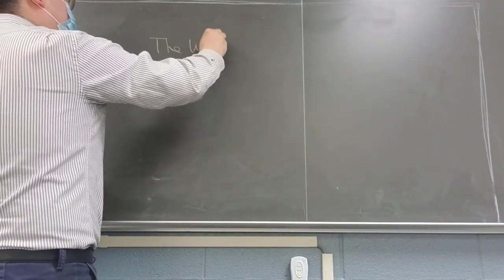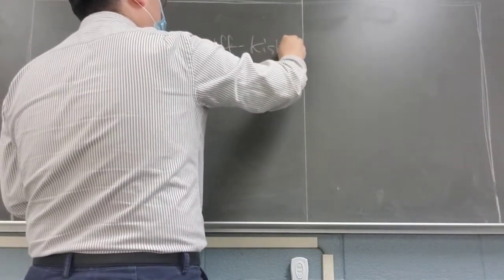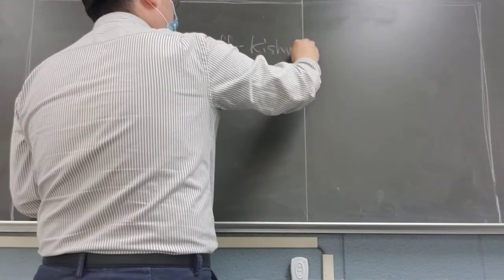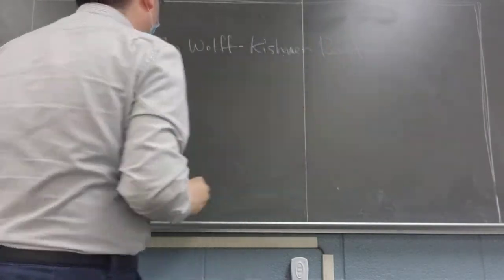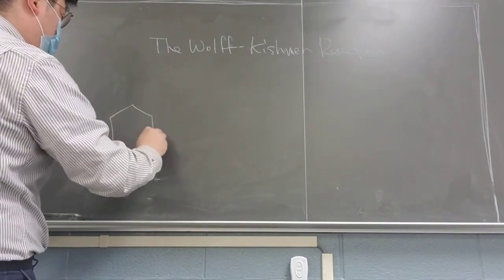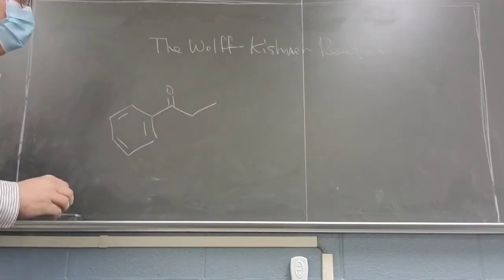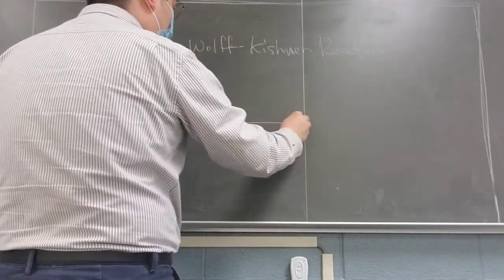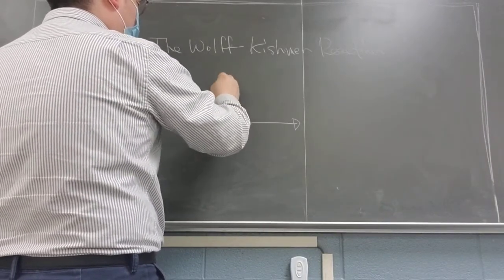We call this the Wolff-Kishner reaction. So what we're gonna do is, if you have some compounds with a carbonyl group over here, you can treat it with this one.